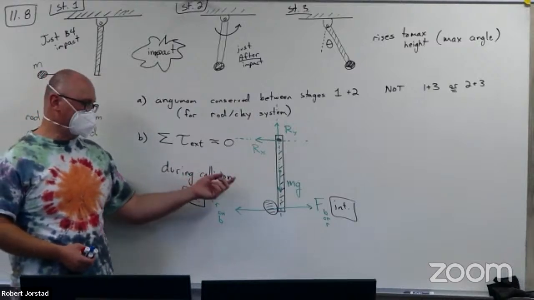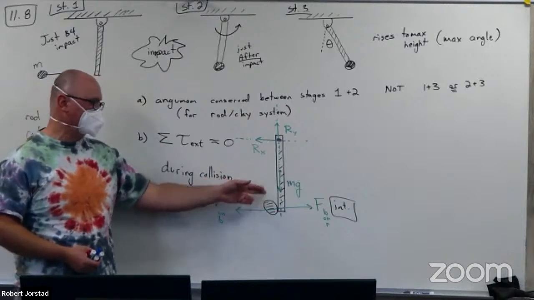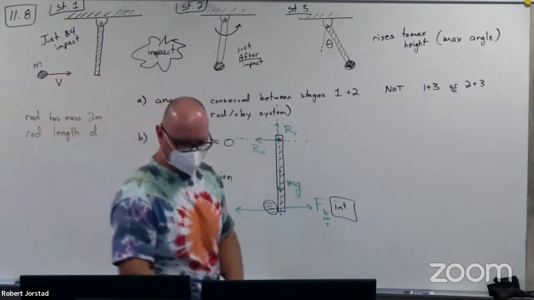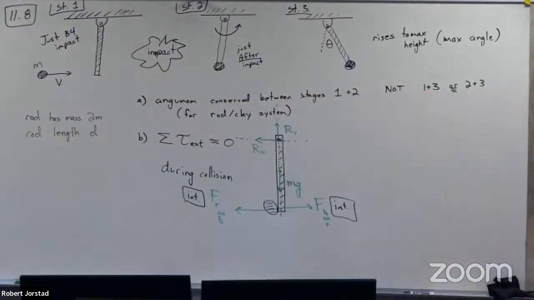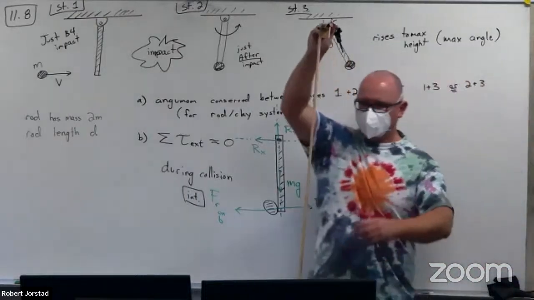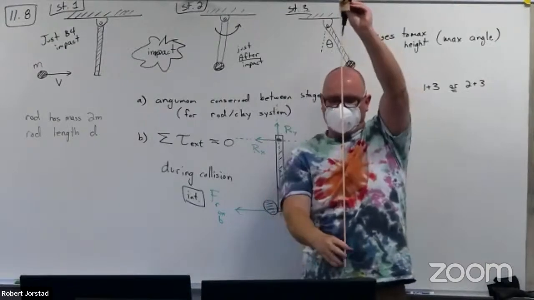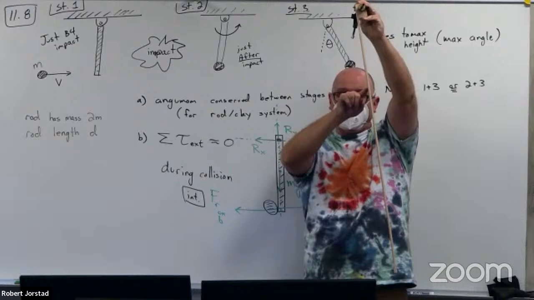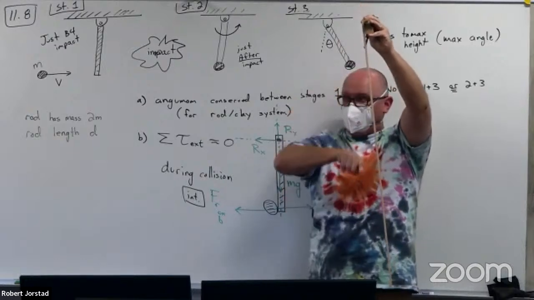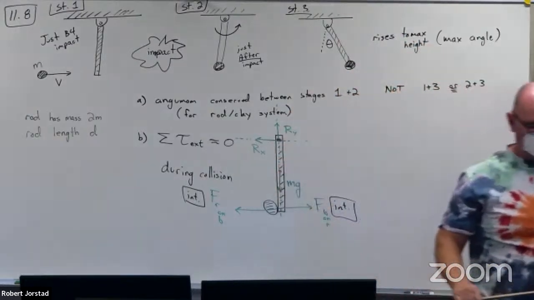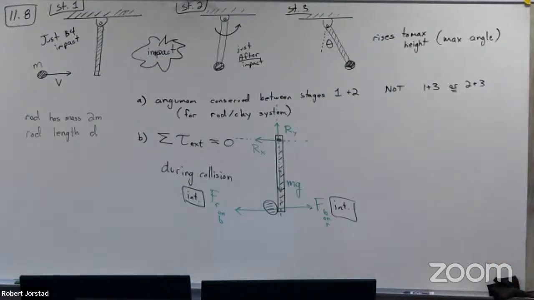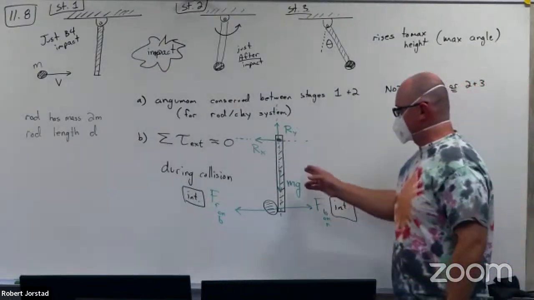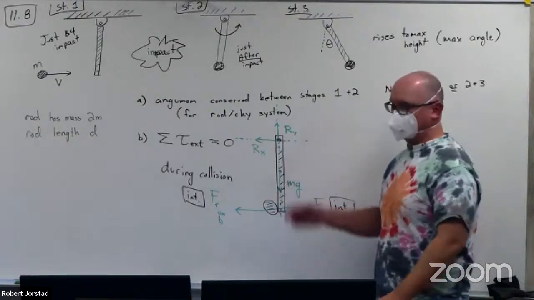As long as the collision takes a very short amount of time, now to be fair, you might be saying no, because technically it's going to be angled a little bit. During the collision, part of the time the board is actually angled a little bit, and if the board is angled, notice the mg is slightly off axis from the pivot point. However, if the collision happens in a short amount of time, the line of action for mg is approximately through the pivot point.